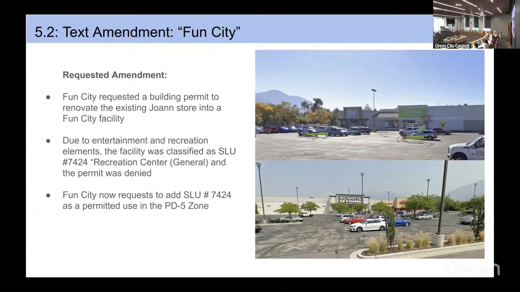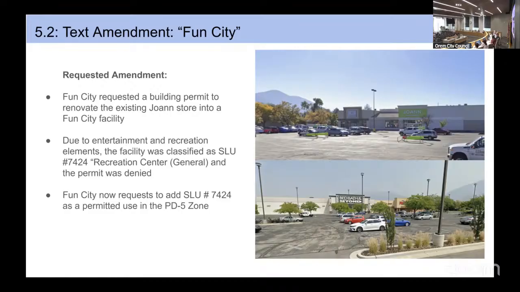I had the not so happy opportunity of telling them, no, you cannot do that, because due to their building plans, their classification, yes, they had a trampoline park in them, but they also have party rooms, zip lines, an indoor playground, which we considered, and came to the conclusion that a recreation center general designation would be more applicable to them.